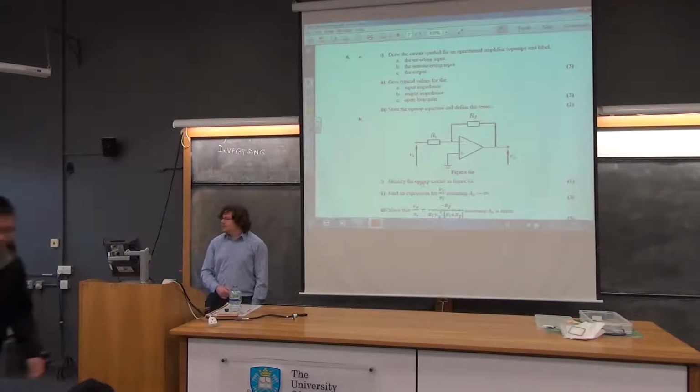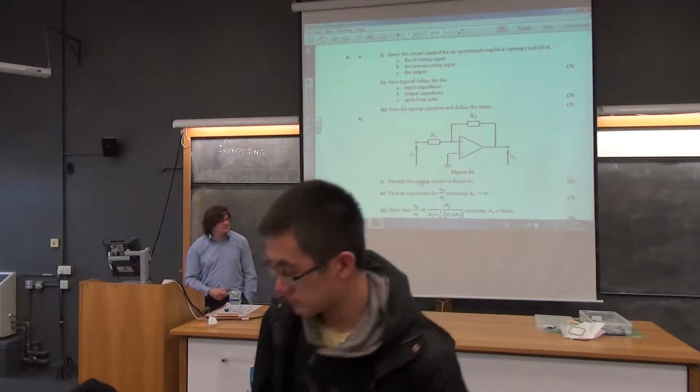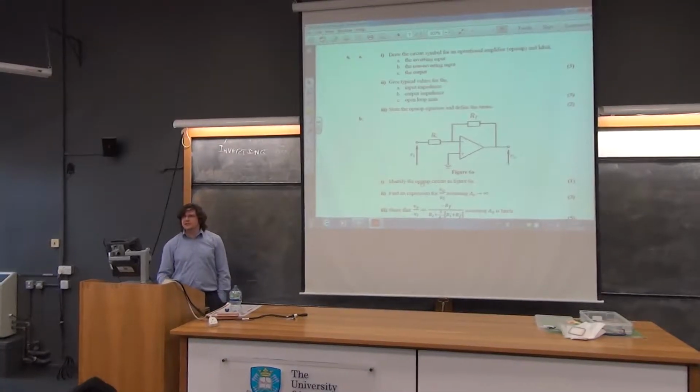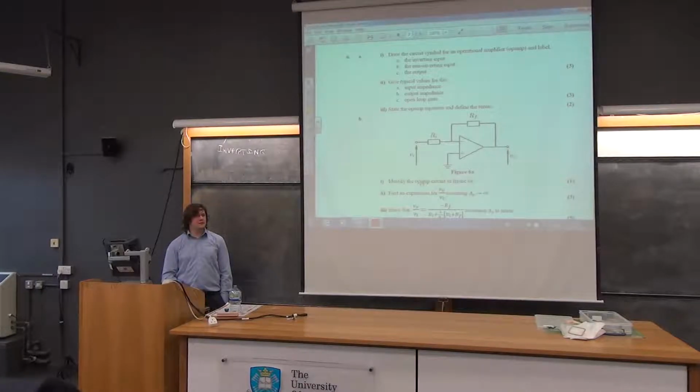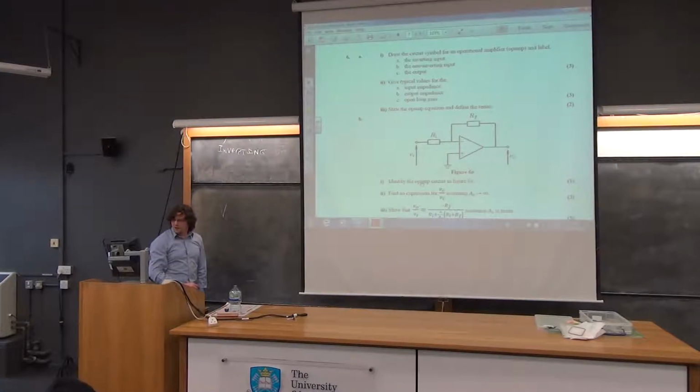State the op-amp equation and define the terms. So the op-amp equation is VO equals AV multiplied by (V plus minus V minus). For 2 marks, and define the terms. One for the equation, one for writing out what it all means.